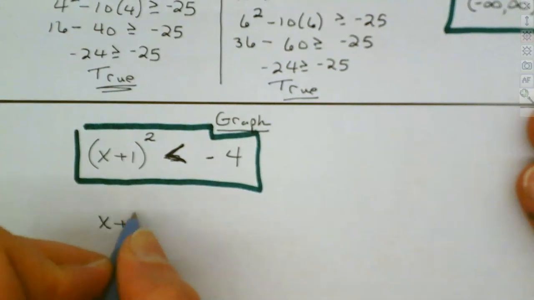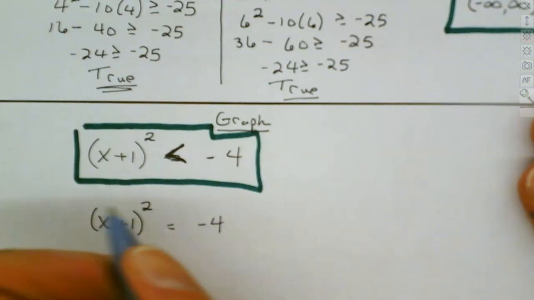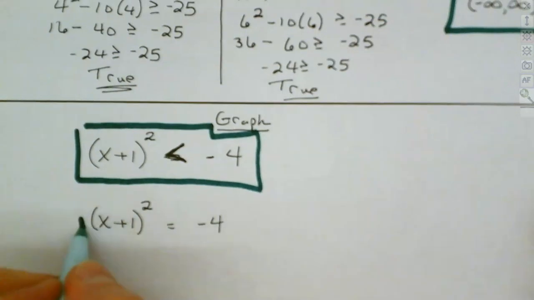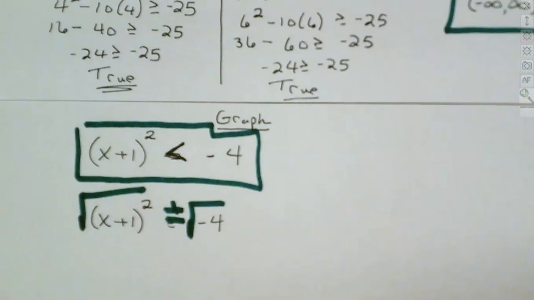How would you solve this? What technique would you use? Square root property, right? You're not going to FOIL it out, are you? Nope. Take the square root. Now, why is it important that you be careful with the signs? Well, when you take the square root, plus or minus, but what happens with that negative 4 underneath?